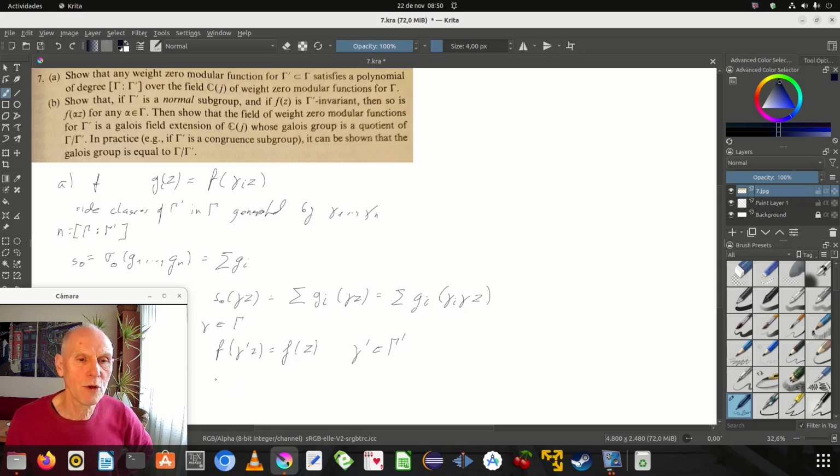So I want to show that Gi is constant on, what was the generator?